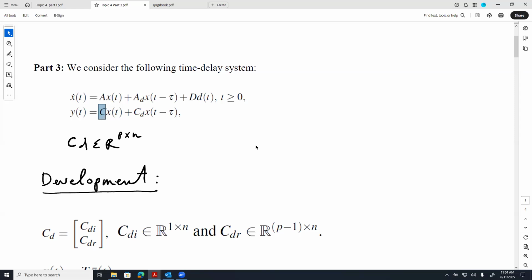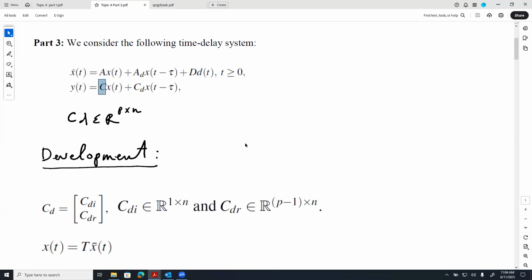And we pick the output measurement y1 of t. In other words, we call it y1 of t. That measurement is going to be used for the realization of the unknown input, and we're going to use its first derivative. So accordingly, we're going to partition matrix CD into two sub-matrices.